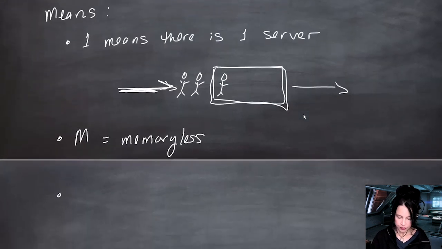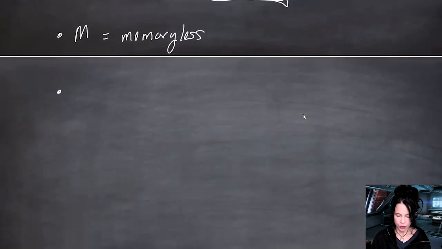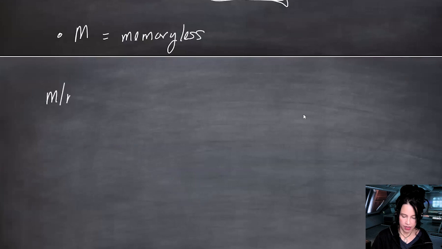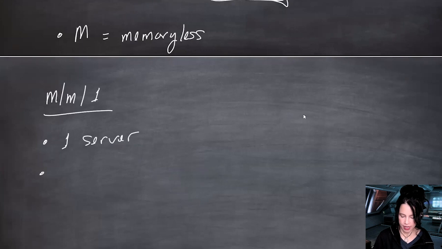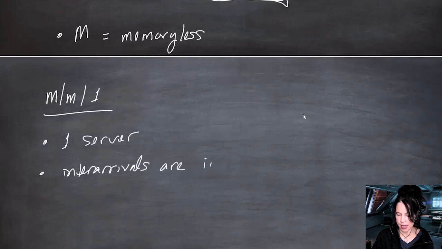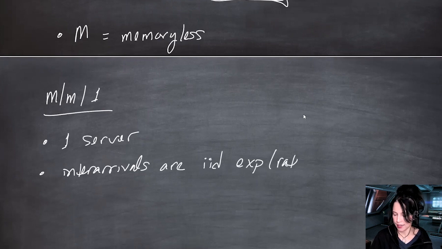This means there's one server. This means that the inter-arrival times are IID exponential with some rate, say rate lambda, could be whatever you want to call it.